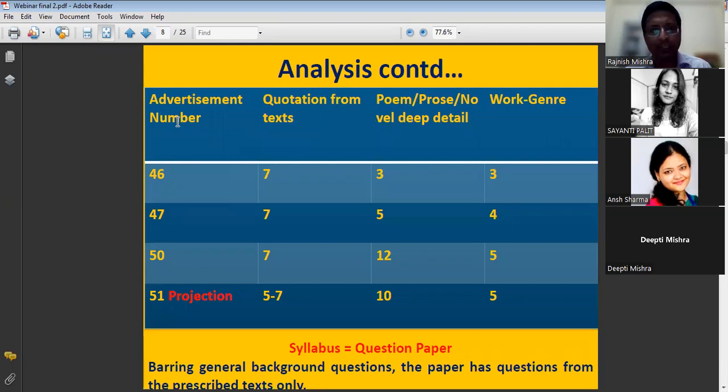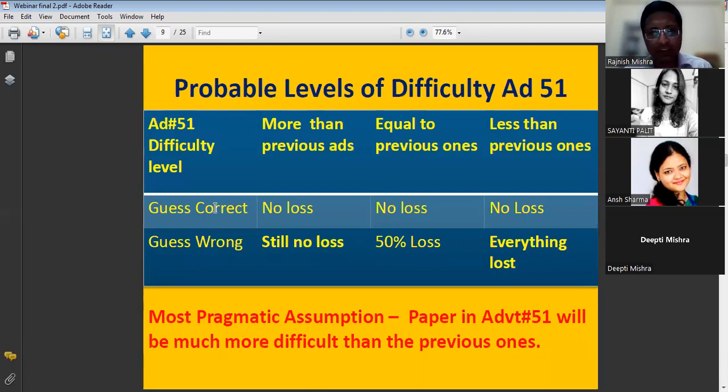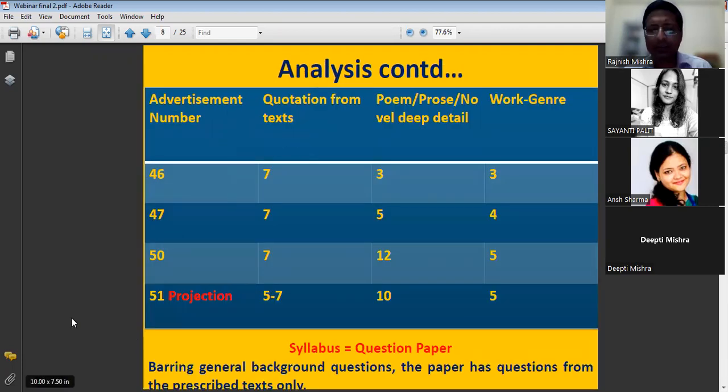Now, when we continue the analysis, direct quotations from the texts of all kinds of text, novel, drama, poem, direct quotations from the text and asking from which text it is. That kind of question is keeping a constant level at 10%. 7 out of 70 questions are direct quotations, and you have to identify the text, or vice versa, something like that.